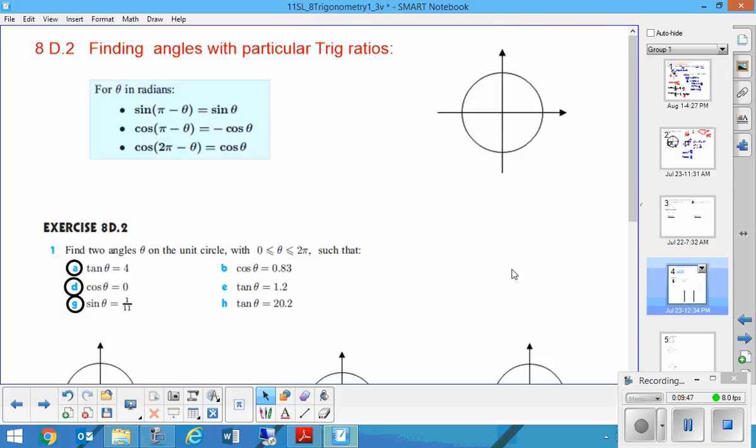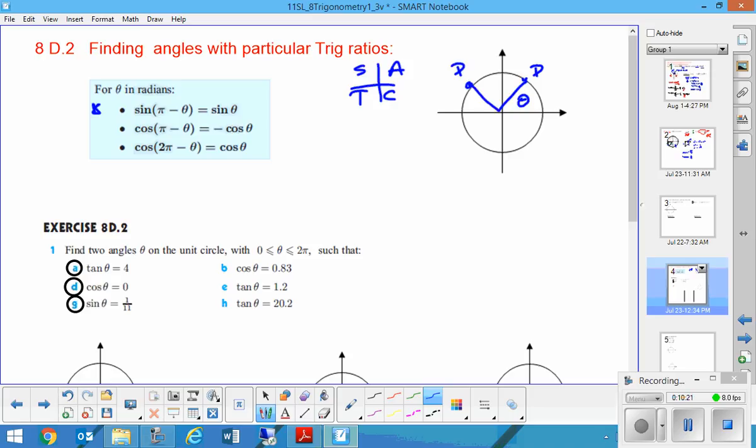In this case, what we're doing is just considering those angles, and it's basically applying our ASTC. So if we've got some angle in the first quadrant up to point P, here's this angle. This first relationship is saying if I take pi minus theta, we're now in the second quadrant over here, and this angle here is the same.